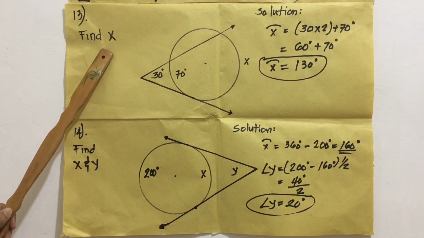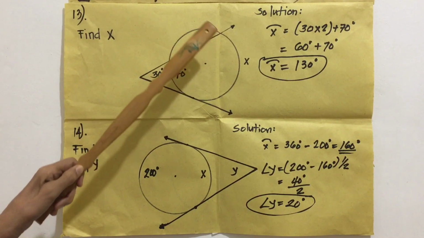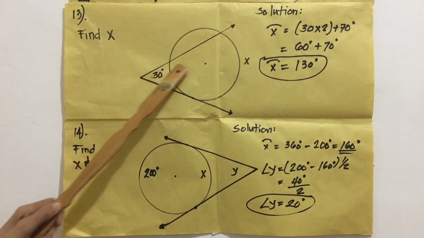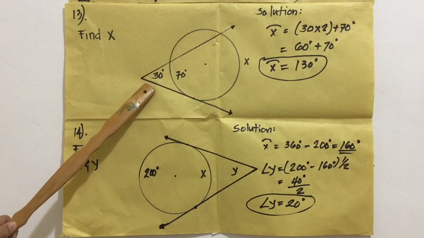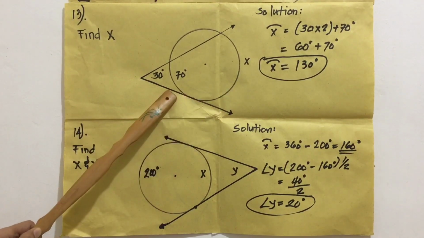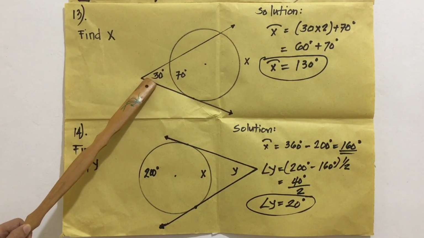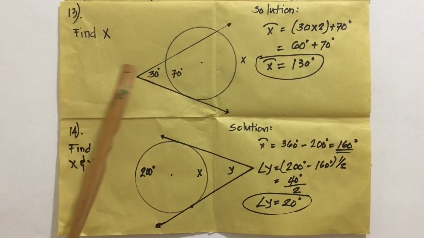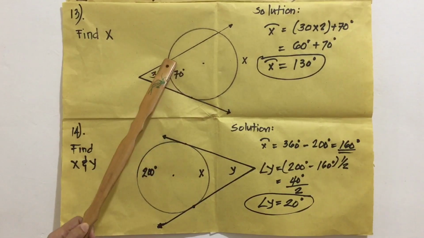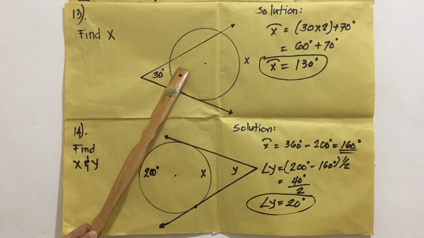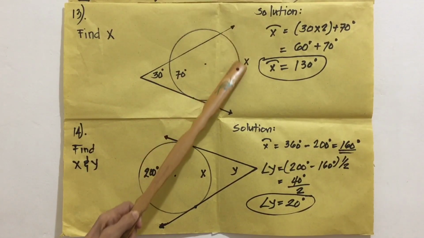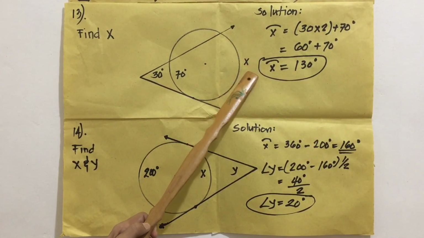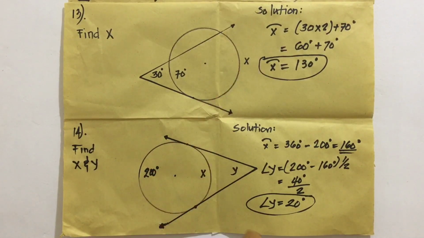Next, number 13, find x. So we're going to locate this x in the given figure. We have a circle, we have a secant here, and we have a tangent line intersecting outside of the circle and forming an angle. The given is a 30 degree angle, and the arc here is 70 degrees, and we have the missing arc, the big arc here is x, which we're going to compute.